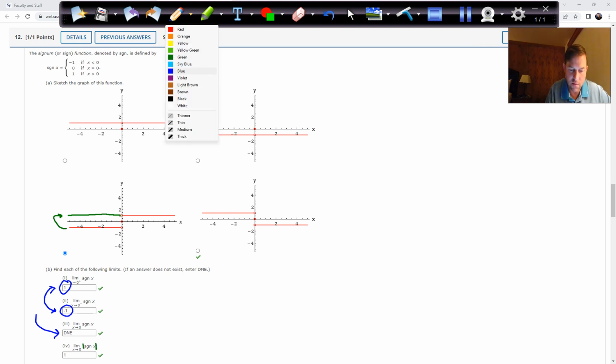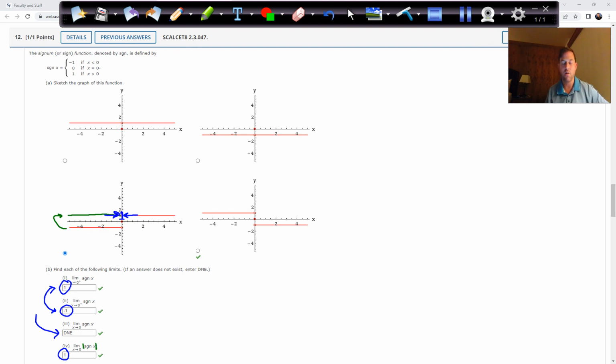And now the limit from both sides is approaching the same value, which is that 1. So that one does work. The absolute value is just going to make all negative values positive, and so now we have one line, although there would still be that hole. There's still a hole at 0, and it's filled in with a y value of 0.